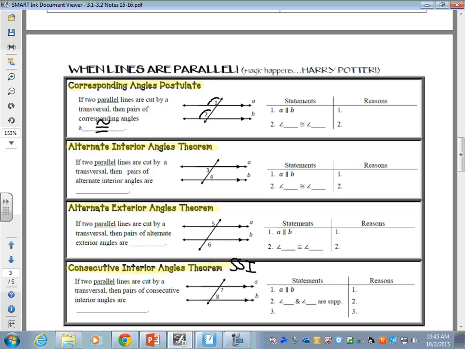Okay? Well, this same relationship happens with alternate interior angles. If the lines are parallel and cut by a transversal, alternate interior angles are going to be congruent. Well, if alternate interior are congruent, then the exterior are going to be congruent as well. Okay? So the only different relationship that occurs is with same side interior or consecutive.